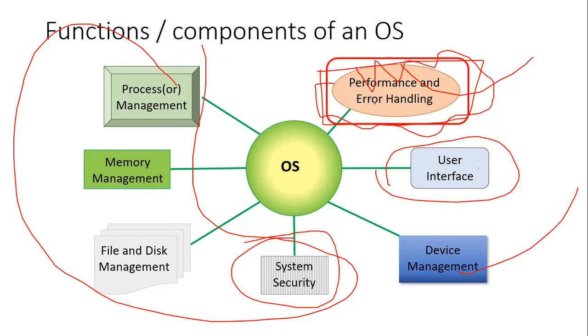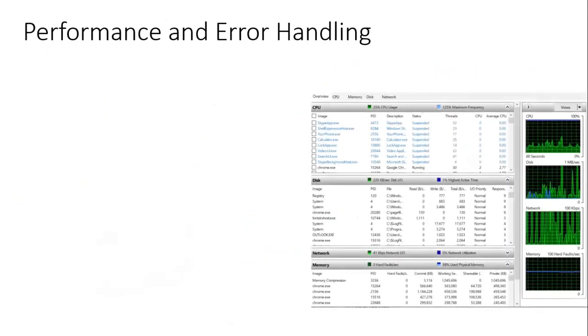Let's discuss performance and error handling. Now, there are a lot of situations that an operating system can face, a lot of issues, a lot of situations where errors can occur. But the operating system itself heals most of the problems without any outside interference.